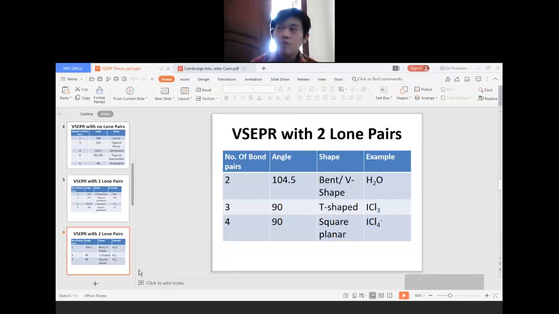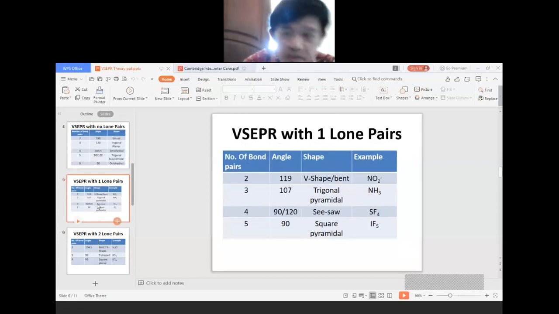We know that lone pairs repel the most, and the repulsion of the lone pairs makes the bond angle 104.5.